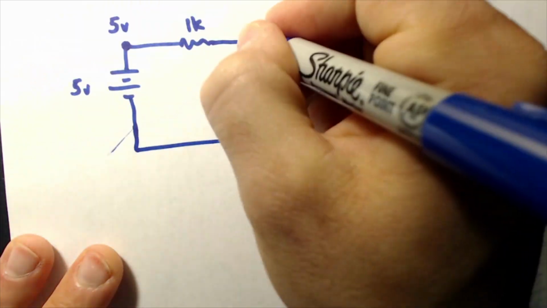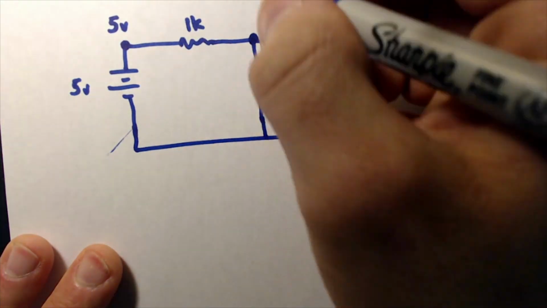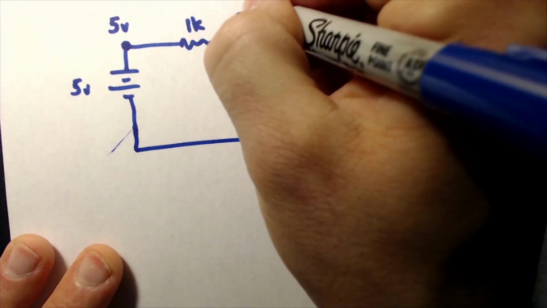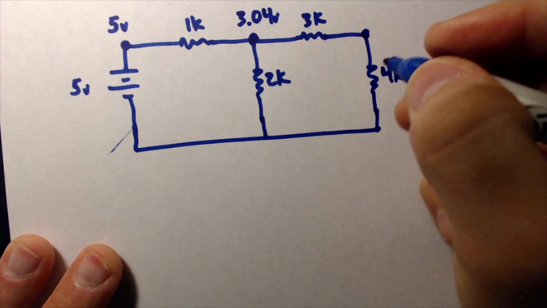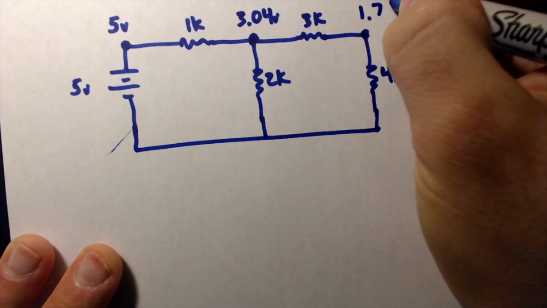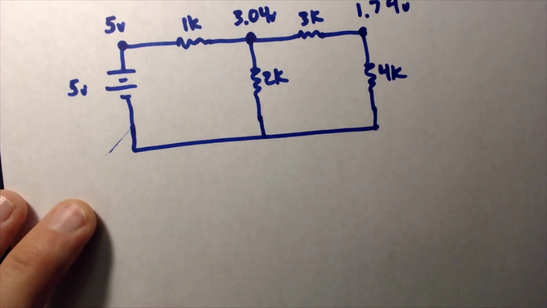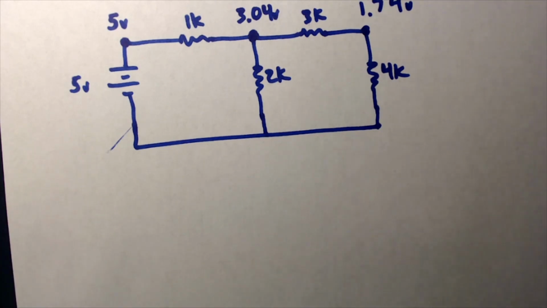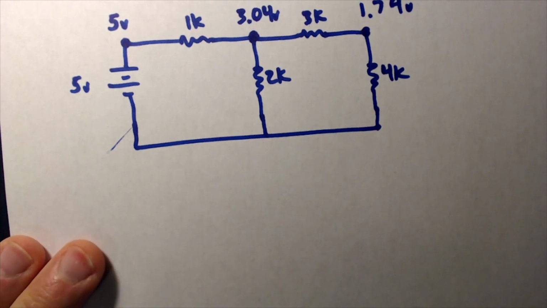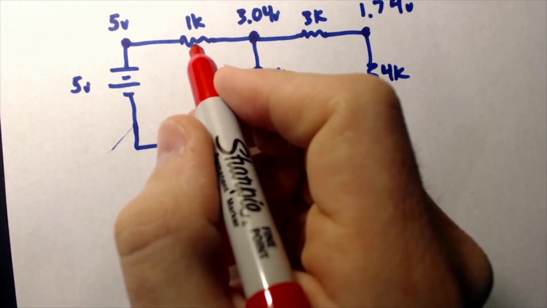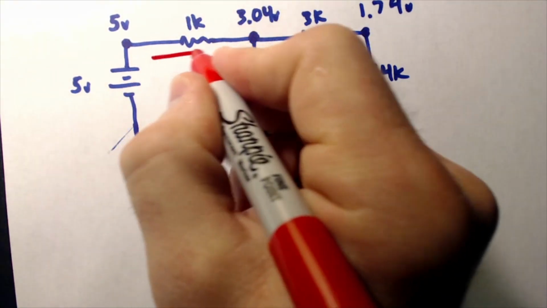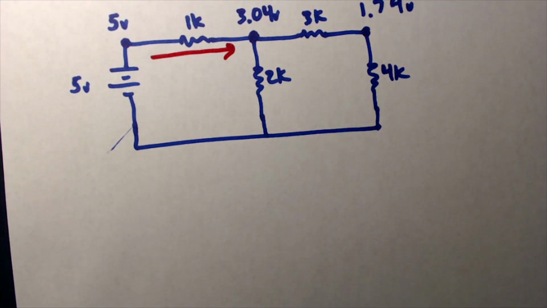So over here was 5 volts. Over here, 3.04 volts. And over here, V3, 1.74 volts. Cool. Okay, so let's just take a look at the currents over here. Remember, current always goes from higher to lower. So when we're looking at the current going through this 1K, it better be going in this direction, right?